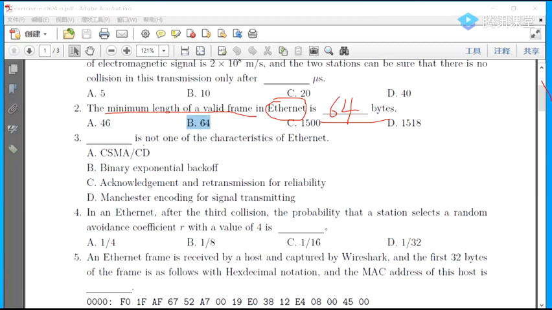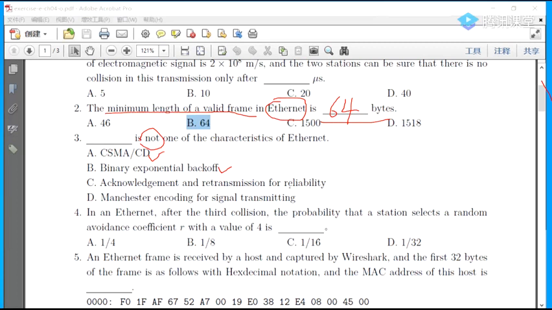Is CSMA/CD one of the characteristics? Is binary exponential backoff one of the characteristics?